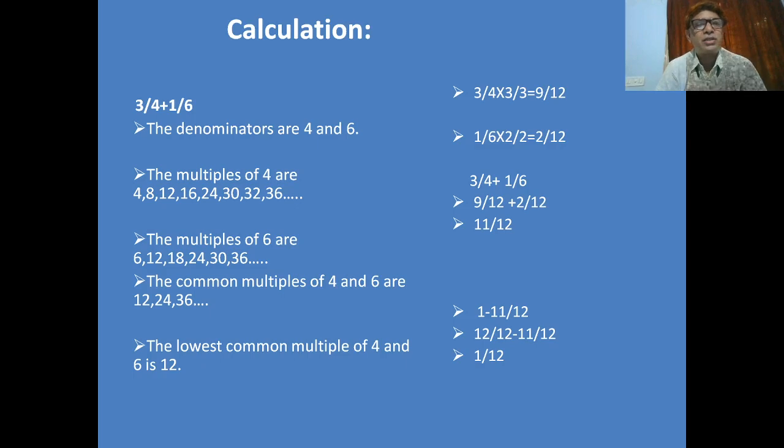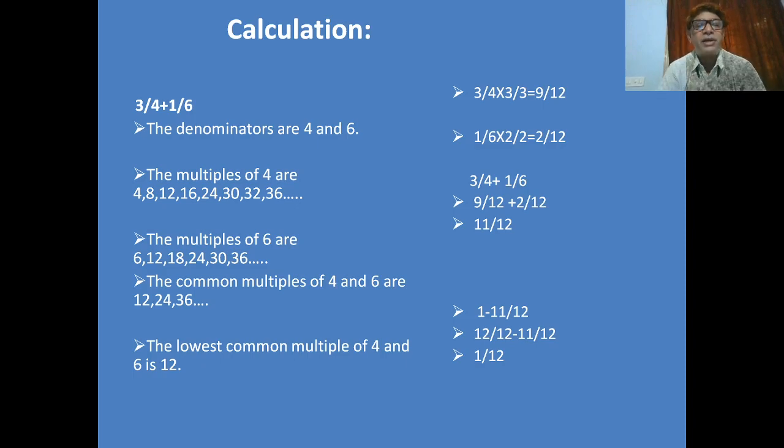We can use this. The multiples of 4 are, as we all know, 4, 8, 12, 16. You can get it in the fourth table. Similarly, the multiples of 6: 6, 12, 18, etc. So we will get them in the sixth table.